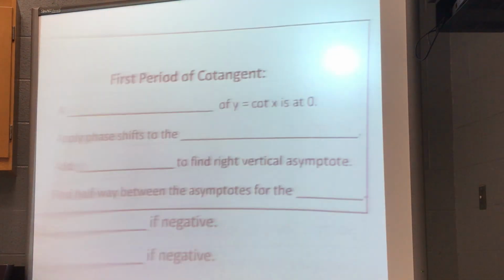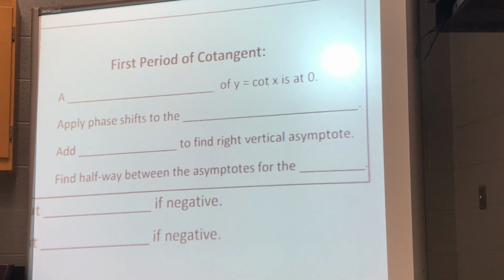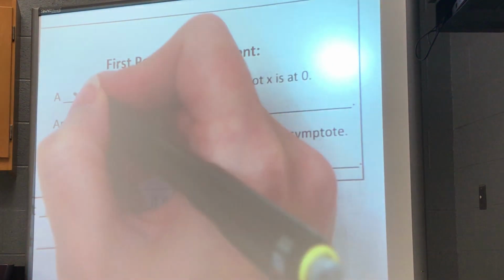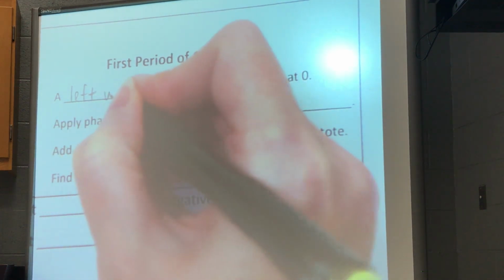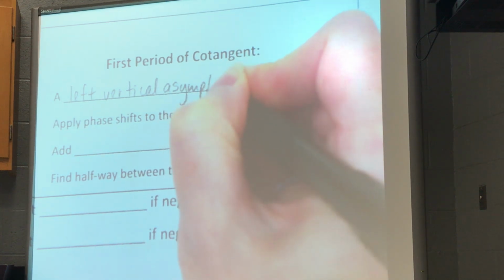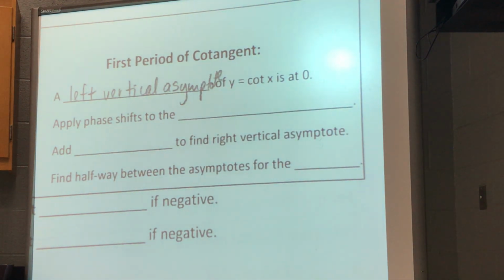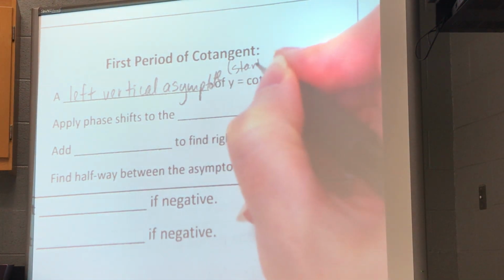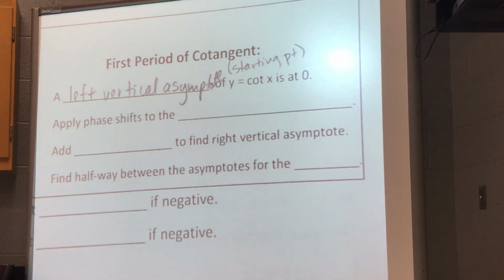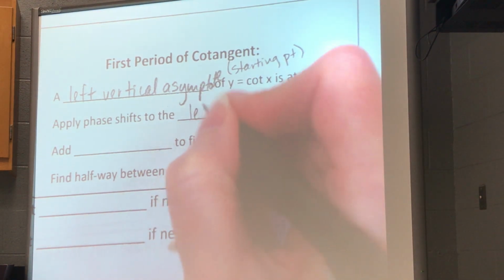All right, cotangent is more similar to the other ones we've graphed. So the starting point of your period is going to be at 0. That's going to be a left vertical asymptote. And so we're going to make sure we apply the phase shifts to the left vertical asymptote.